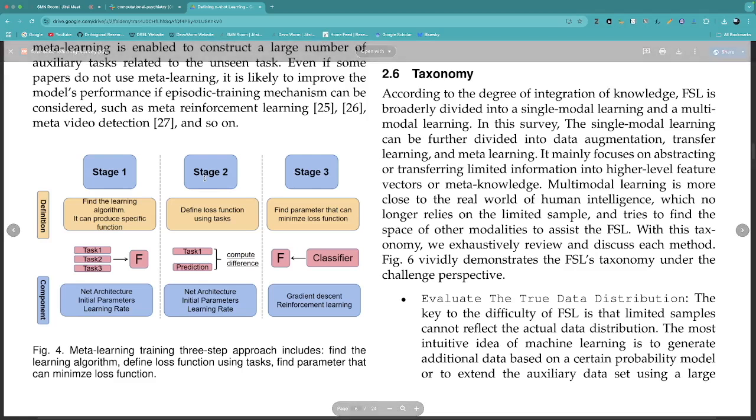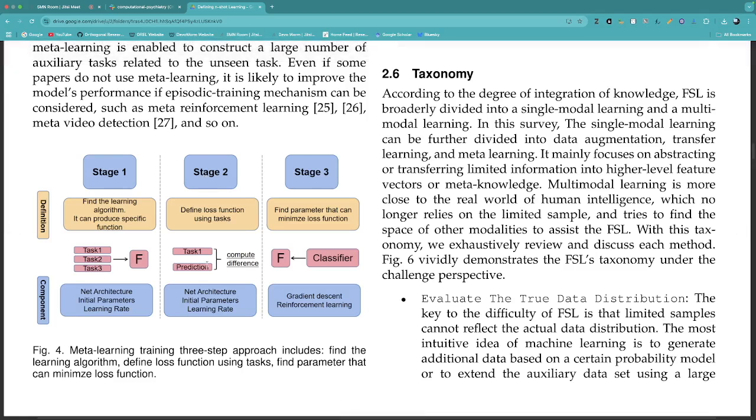Stage 2 is where you define a loss function using the tasks. So you have task 1, you have the prediction, and you compute the difference. So you take performance versus a prediction, observed versus predicted, and you compute the difference there, and that's your loss function. And again, this involves network architectures, initial parameters, and learning rate.